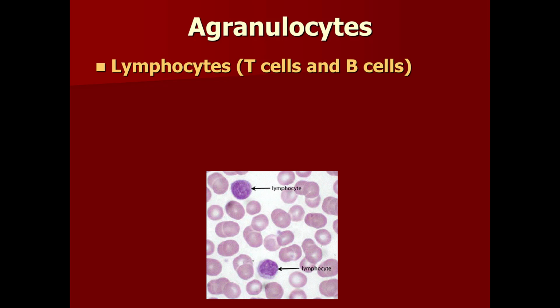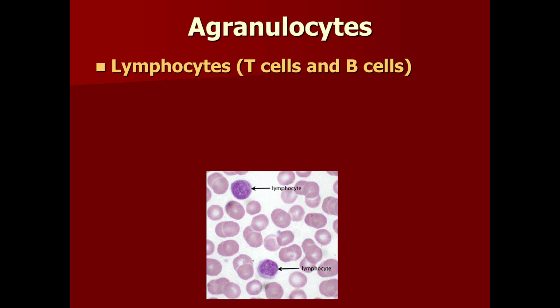Lymphocytes are the next largest number of cells that you'll see in circulating blood. And the lymphocytes are subdivided into two major categories, which then each have their own subdivisions: the T cells and the B cells.